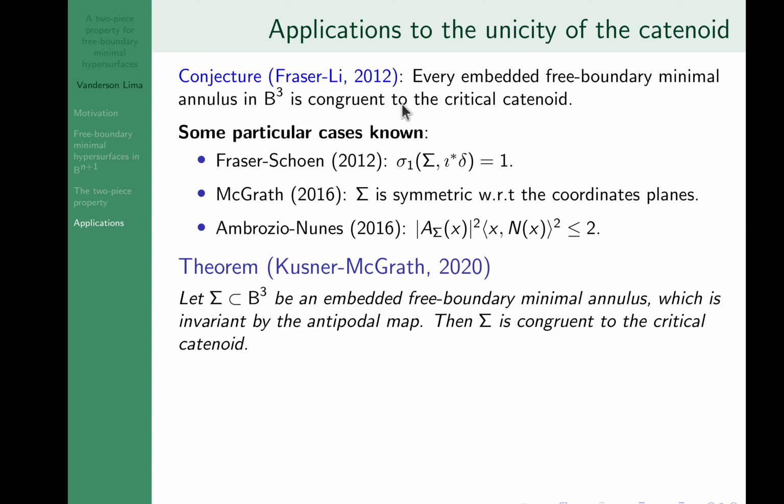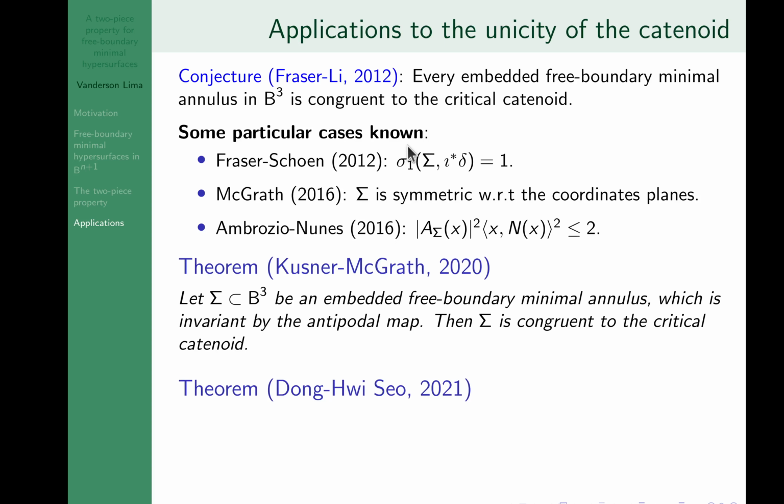And a key part of the proof of this result is the two-piece property. In the paper, they also proved the result for other types of surfaces with some different symmetries.